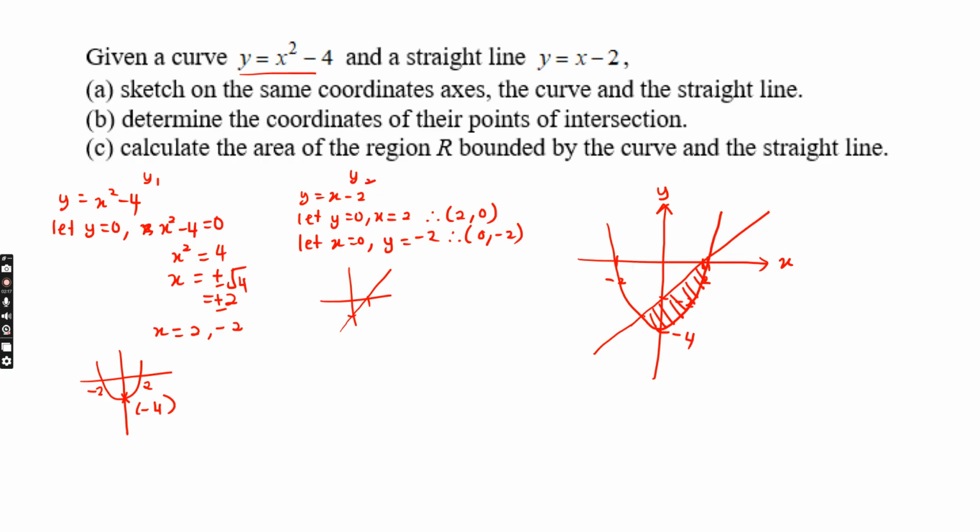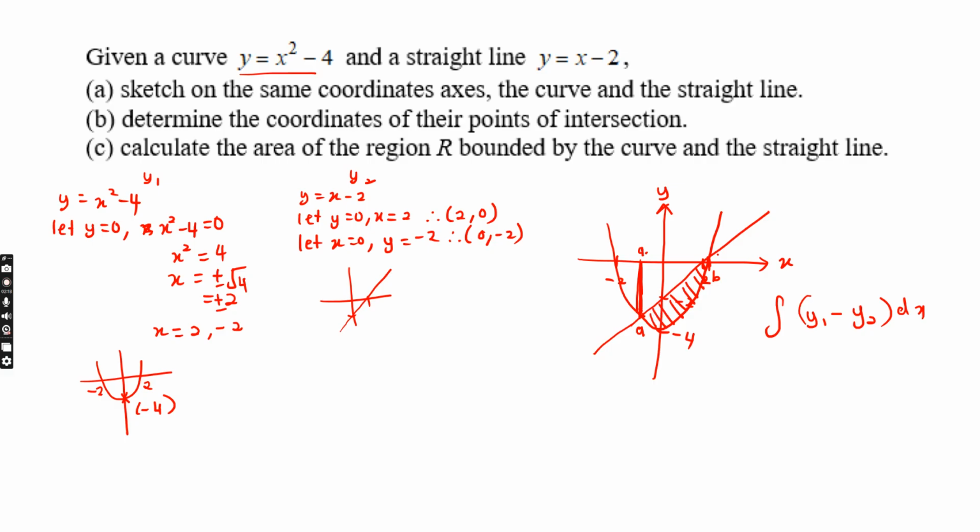Our shaded region is now starting from here, the intersection point, until here. So we will find the area of this function, which is either y2 minus y1 or y1 minus y2. Don't know which one for now. I just put y1 minus y2 first. And then the domain will be A and B, from A until B, because the region involved is here and here.